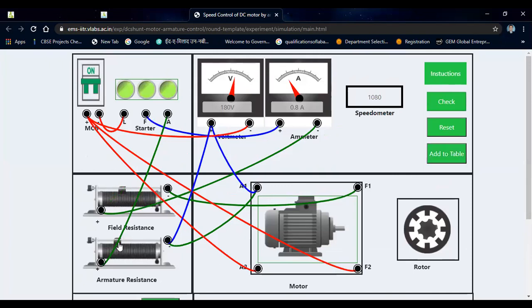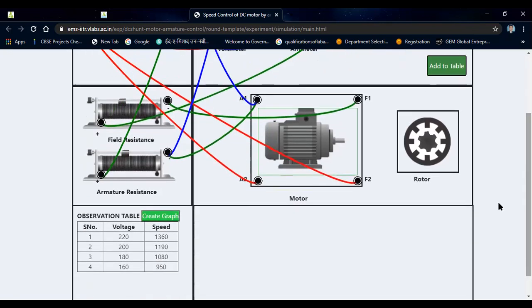Similarly, we go on changing the value of resistance. Resistance value changes, the drop will increase. Again we add. Again we change the value of resistance.